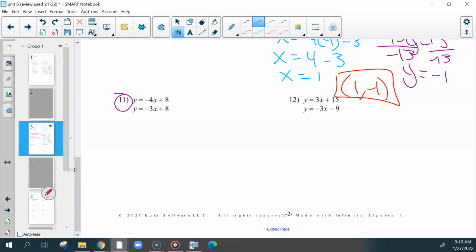When we have something like that, what do we do with the equations? Yes, set them equal to each other. So this would be negative 4x plus 8 equals negative 3x plus 8. Does not matter which side is on which.